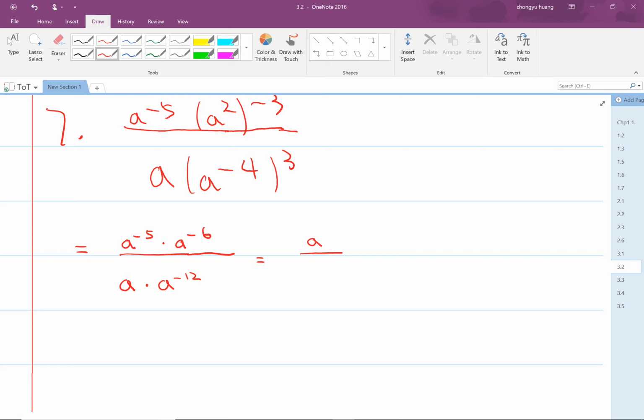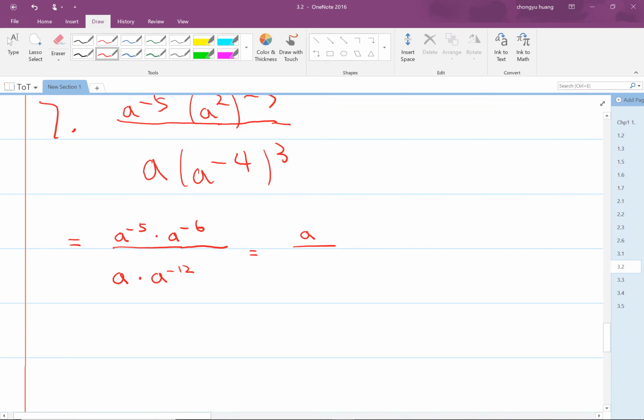So it just basically becomes a to the power -5 minus 6, right? So it becomes -11, right? And at the bottom, what you can see is a to the power 1 multiply a to the power -12. So it just basically becomes 1 minus -12. So it's -11, right?